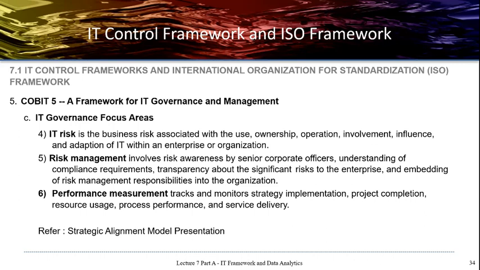Then risk management involves risk awareness by senior corporate officers, understanding of compliance requirements, transparency about significant risks to the enterprise, and embedding risk management responsibility into the organization. And then performance management tracks and monitors strategy implementation, project completion, resource usage, process performance, and service delivery.